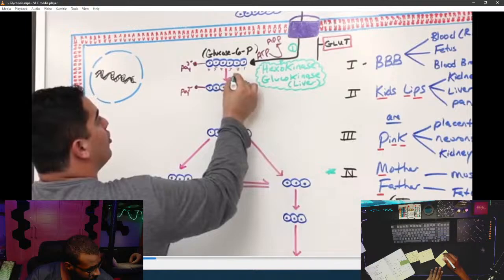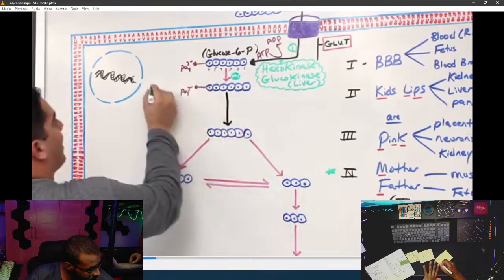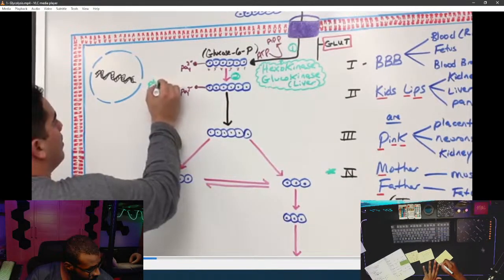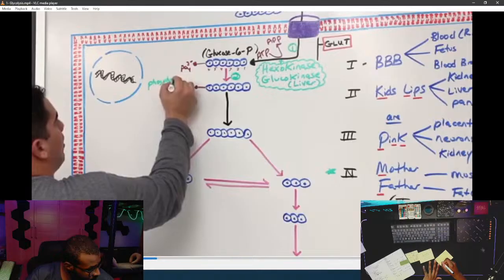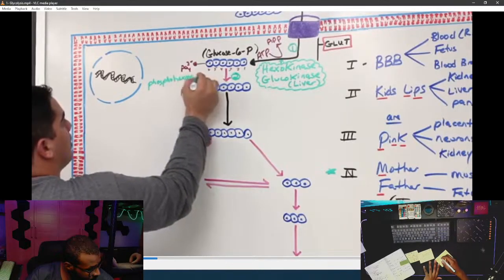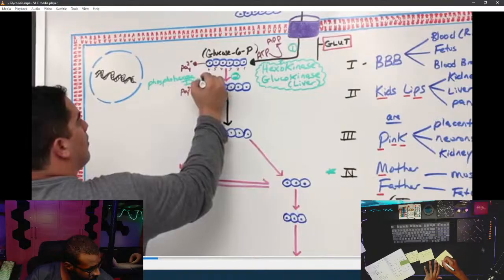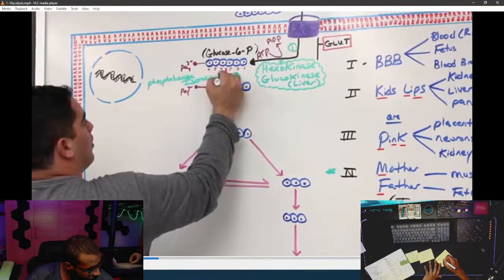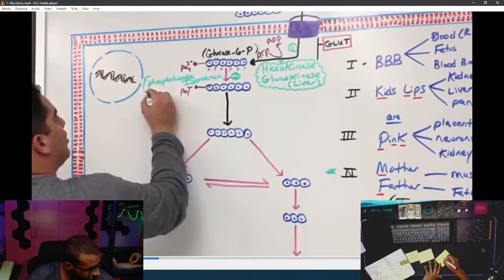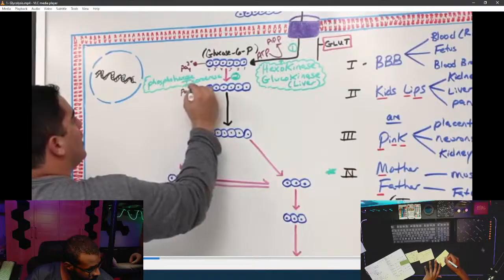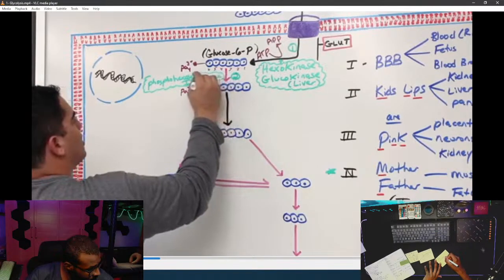Step number 2 is going to be catalyzed by a phosphohexose isomerase. Okay, so hexose isomerase. You know, hexose just means 6 carbons.